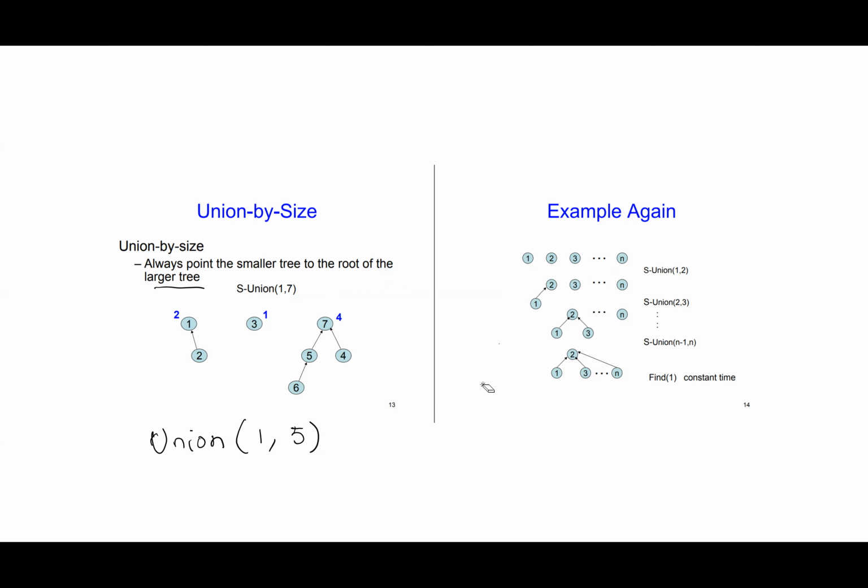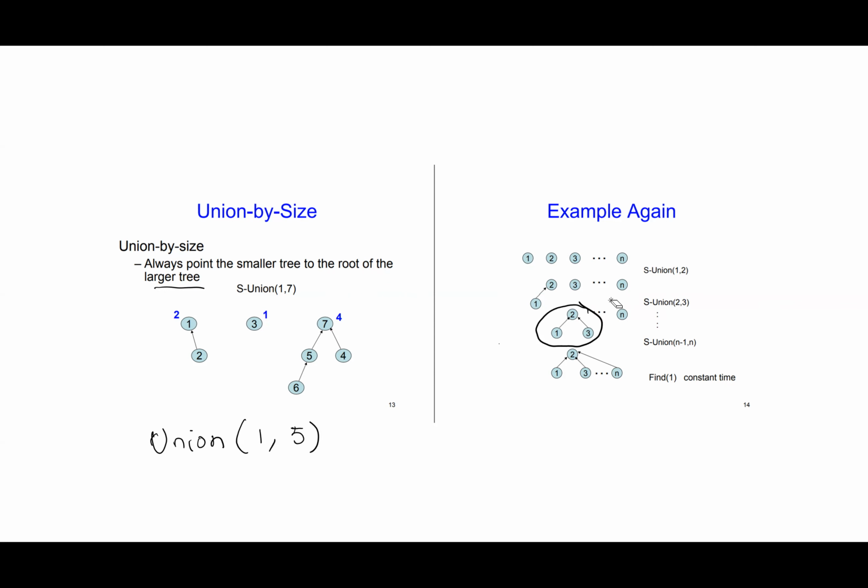Instead of that, this time you see the size of this tree is 2 and the size of this tree is 1. That means the smaller tree always links to the larger tree, right? So you see that's exactly what we are doing here. The smaller tree is pointing to the larger tree. So the new tree is going to be this after 2, 3.